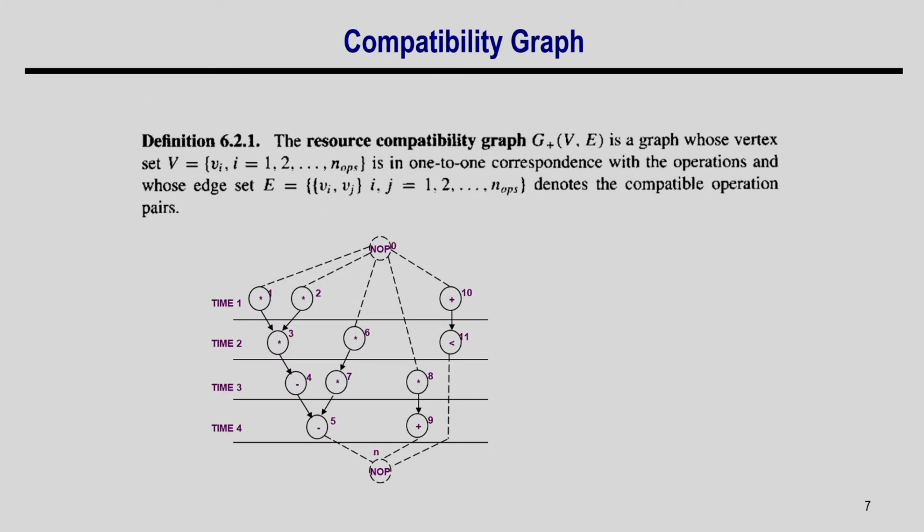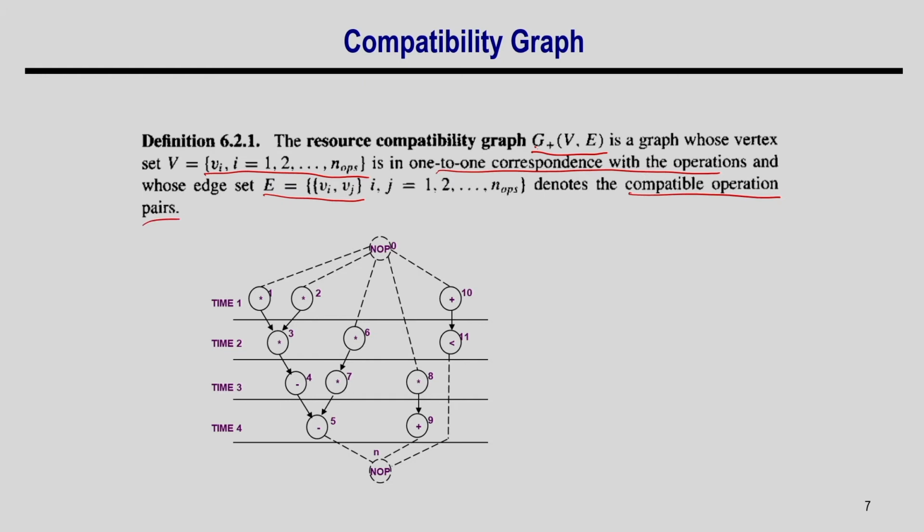Here I give a formal definition of the compatibility graph: the graph G consists of V and E, where V is the set of nodes which represent the operations and has a 1-to-1 correspondence to the operations, and an edge from Vi to Vj denotes a compatible operation pair.